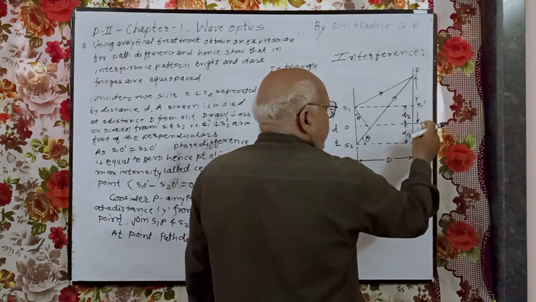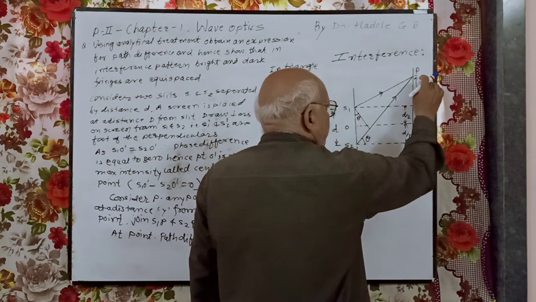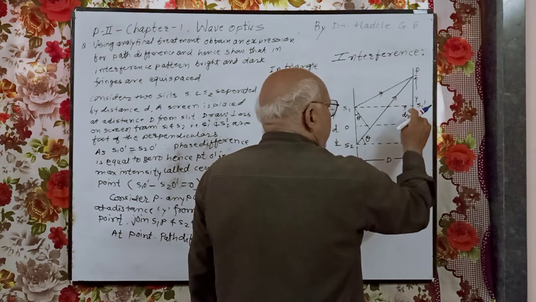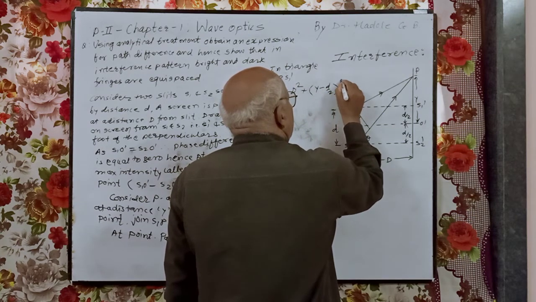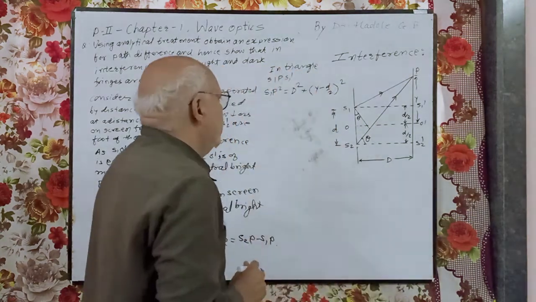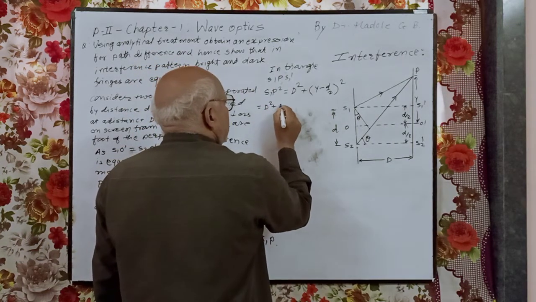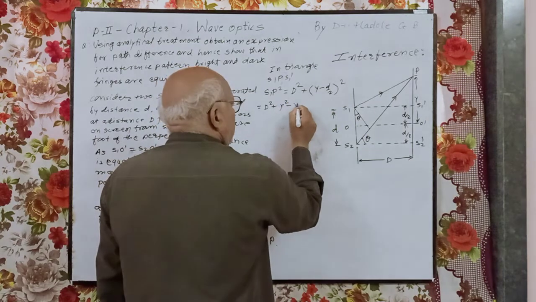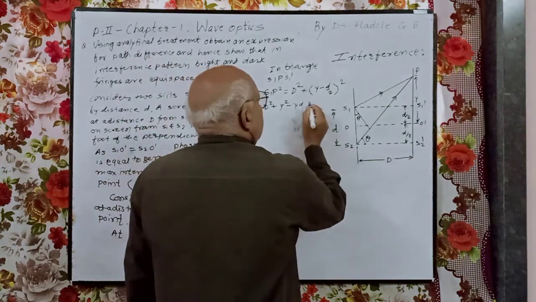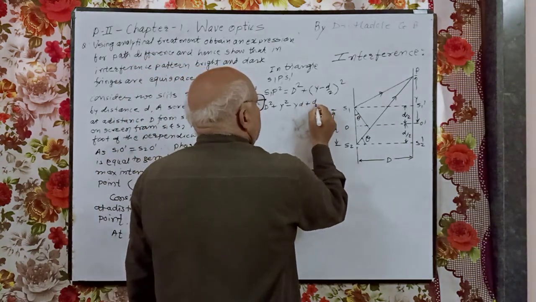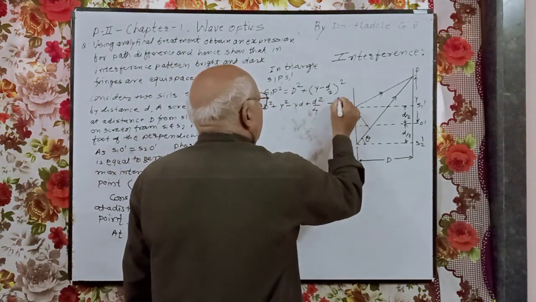This point P is y distance away from O dash, and therefore S1 dash P will be y minus d by 2, whole square. If you solve this, you will get D square plus y square minus y into d plus d square by 4. Suppose this is equation number 1.